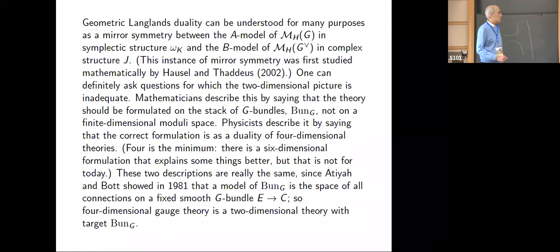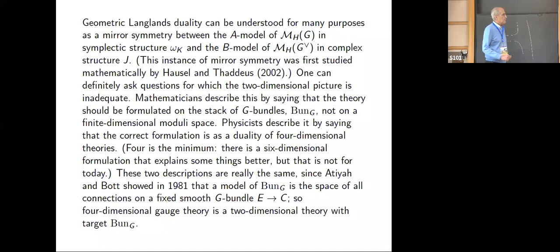This instance of mirror symmetry, well, it has antecedents in the physics literature, but mathematically it was first studied by Hausel and Thaddeus. So a good approximation to geometric Langlands duality is this mirror symmetry.